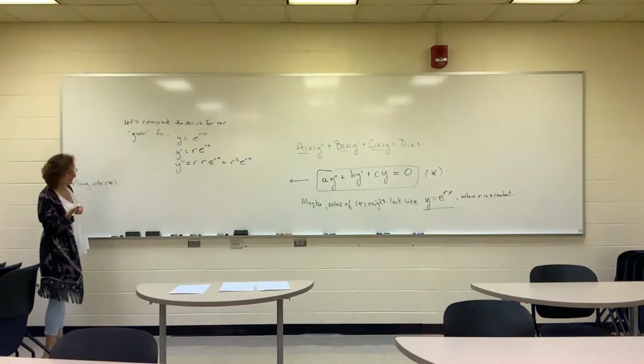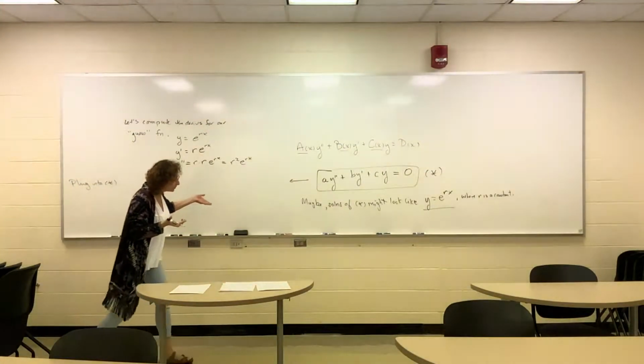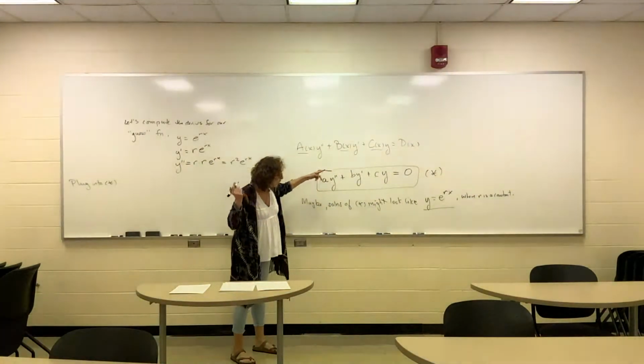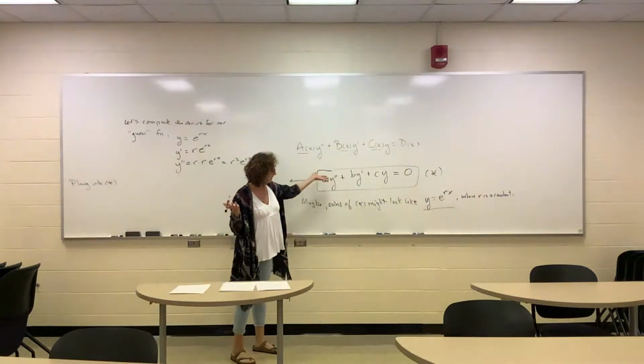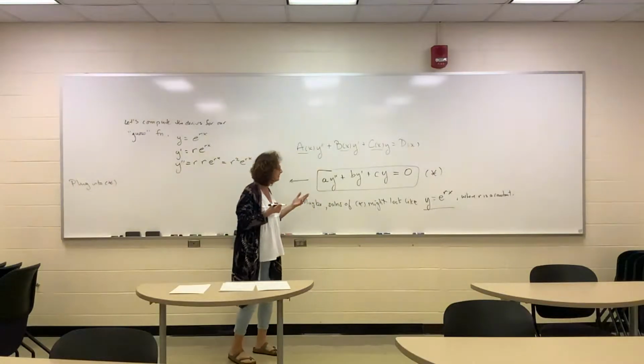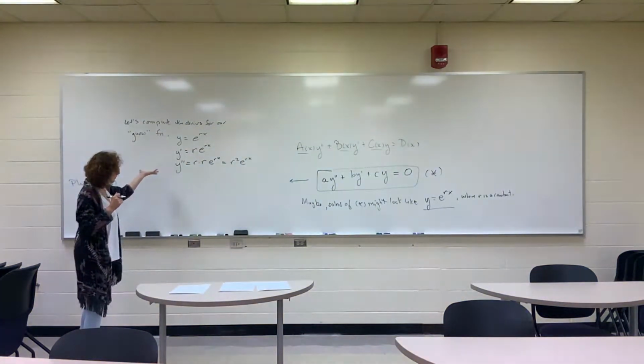Plug our guess into this ODE, this completely general, constant coefficient, homogeneous second order ODE. It doesn't get any more general than that for everything we just said, right? Okay? Plug in. Well, what do we get?